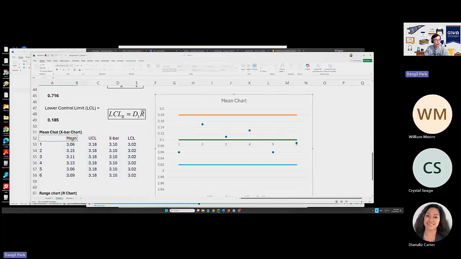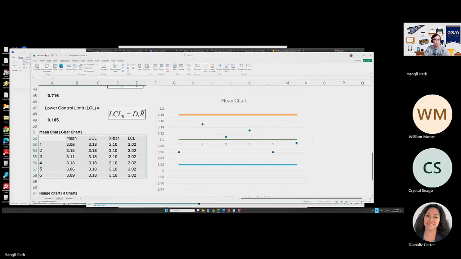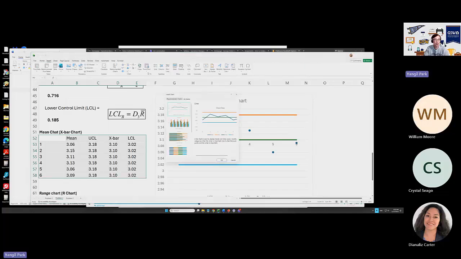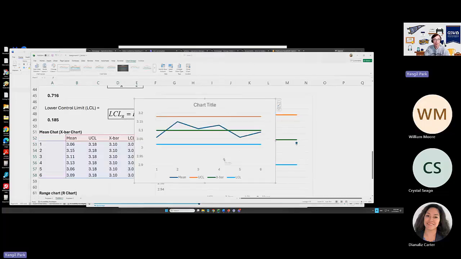All I did was highlight them, go to the Insert tab, Recommended Charts, then just use the recommended line chart. Then I click OK, and you'll have all those lines.